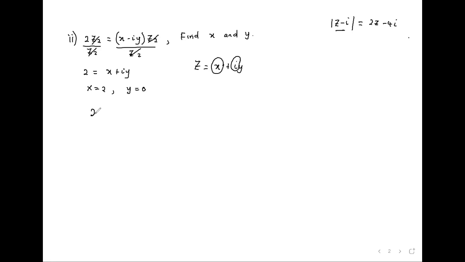So if we have that 2 is equal to x plus iy, you can as well write the left-hand side as 2 plus 0i is equal to x plus iy. So 2 is the one standing alone, so it is equal to x. And then since there's no i on the left, it means that its coefficient is 0. So then you conclude that y is equal to 0.